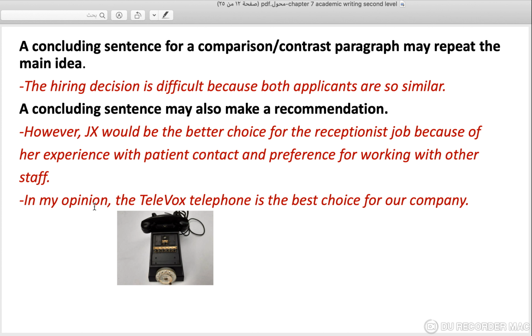In my opinion أيضا in my opinion يعني رأي أو توصية. The Televox telephone is the best choice for our company. أيضا هنا concluding sentence هي تنطيك recommendation.